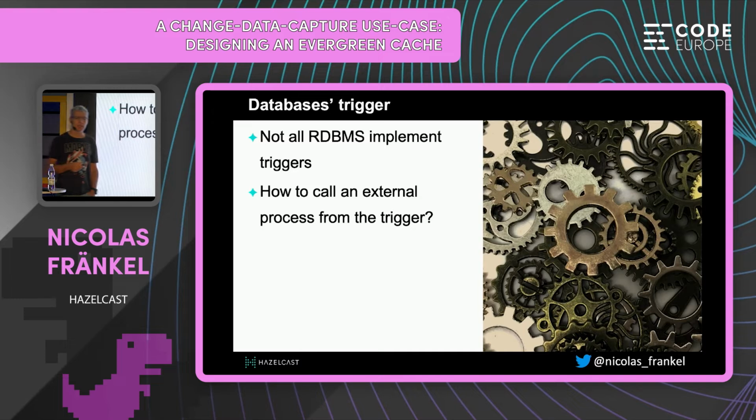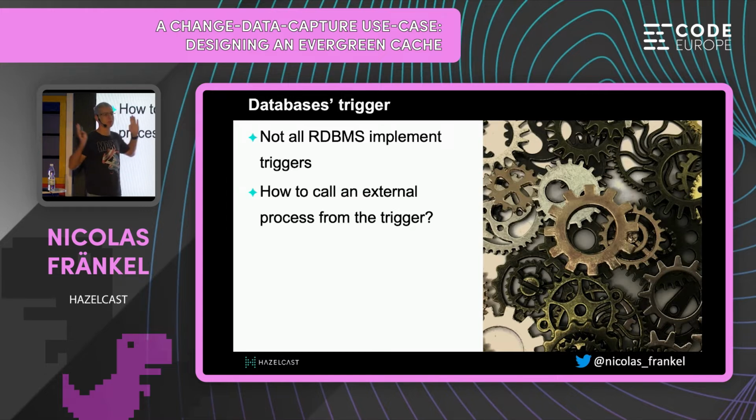Well, if I'm telling you data and event-driven, if you have done a bit of development around databases, probably that sounds like a trigger for you. Trigger is good. Something happens and you trigger something else. The problem is that first, not all databases implement triggers.